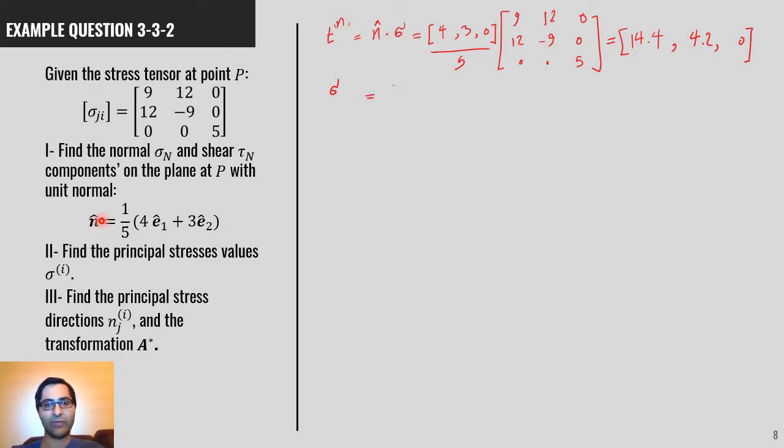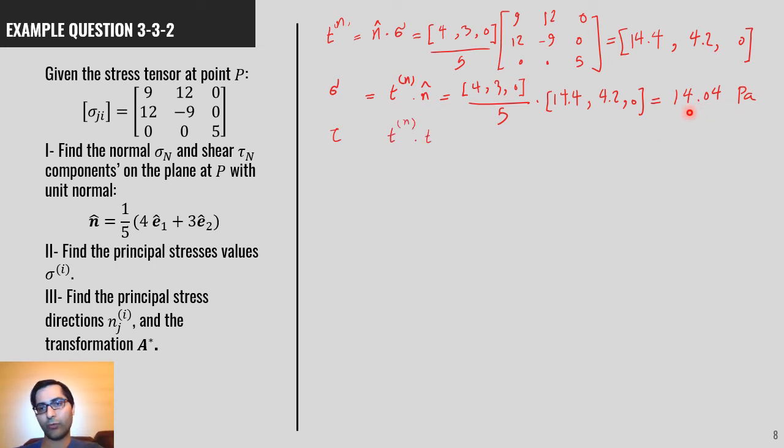That's the traction vector at that point, associated with the surface with normal n. Then the normal component sigma n becomes t dot n, which becomes 14.04 Pascal, and the shear component tau becomes t dot t minus sigma n square.